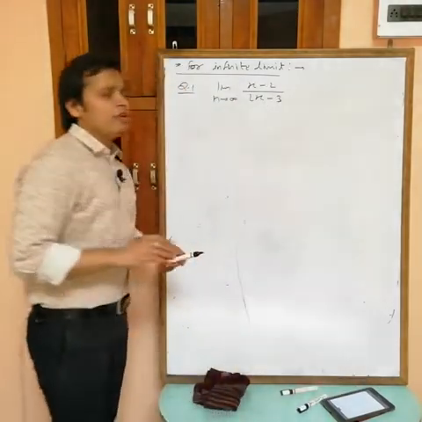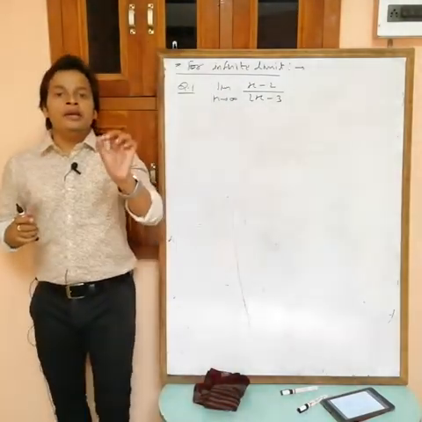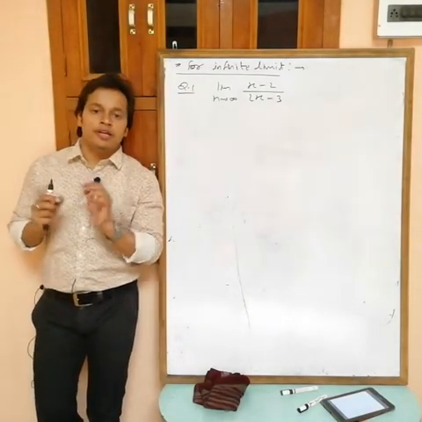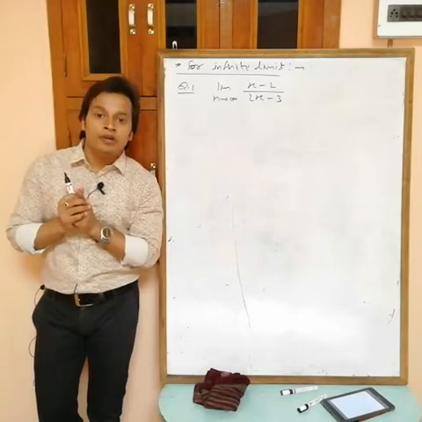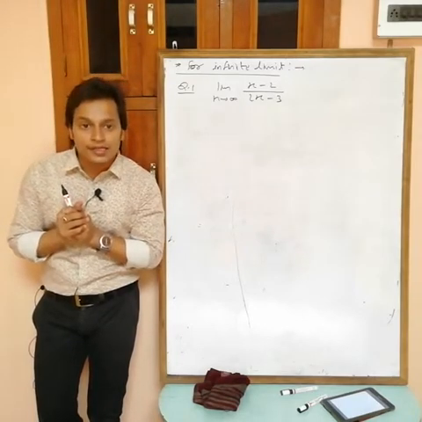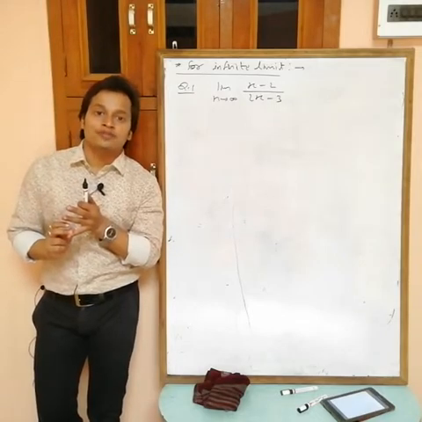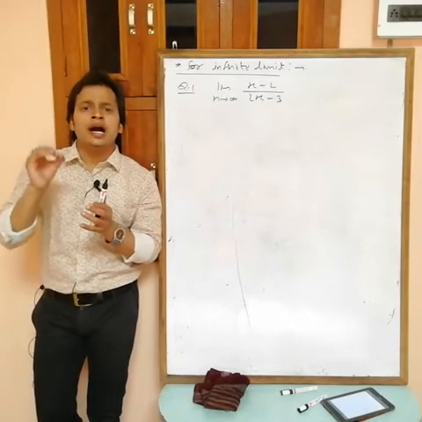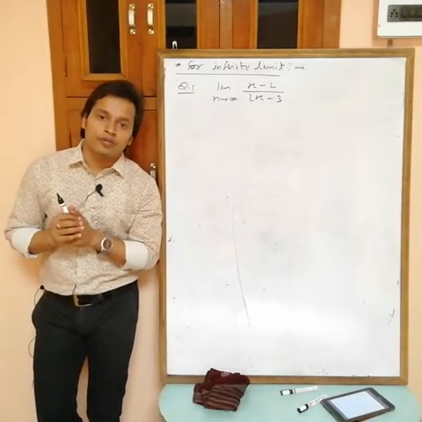Now anytime you have limit x tending to infinity, and in the numerator and denominator both you have terms of x, then always take the highest power of x common in the numerator and denominator.